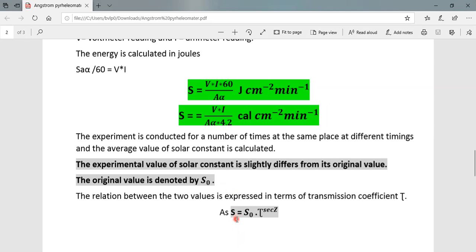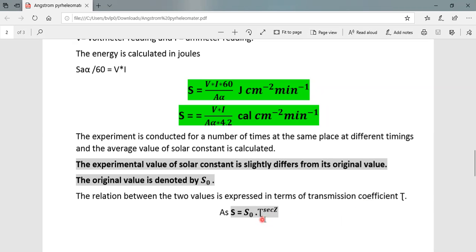The experimental value S equals S0, this is the original value here, multiplied by the transmission coefficient tau to the power of secant z. So how much solar energy is transmitted through the atmosphere by unit area of the atmosphere?